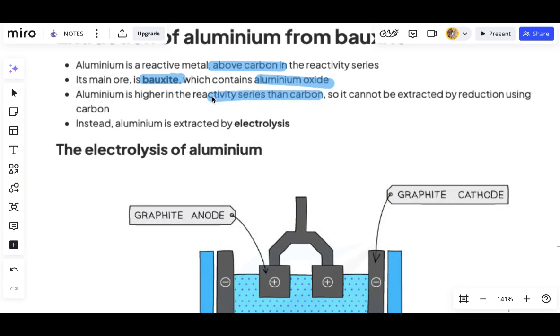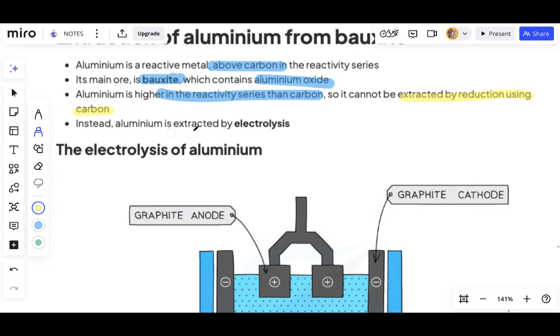We already established this. So if you are higher in the reactivity series than carbon, what it translates to is that you're going to be extracted using the electrolysis method, not reduction with carbon. So it cannot be extracted by reduction with carbon or carbon monoxide. We have to use electrolysis.